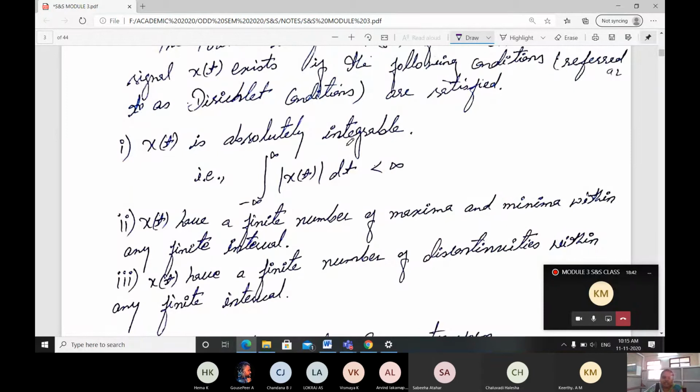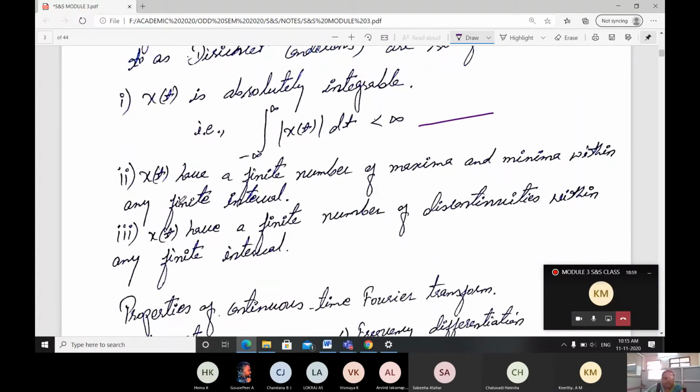Since it is continuous time, it should be integrable, so the integral from minus infinity to plus infinity of the absolute value of x of t dt is less than infinity. This relates to stability: whatever system you design should be stable, so it is very important.